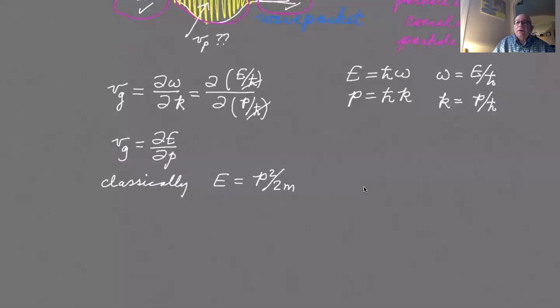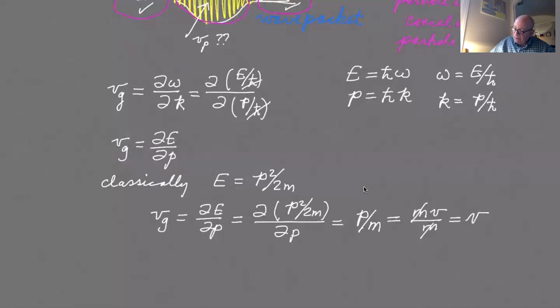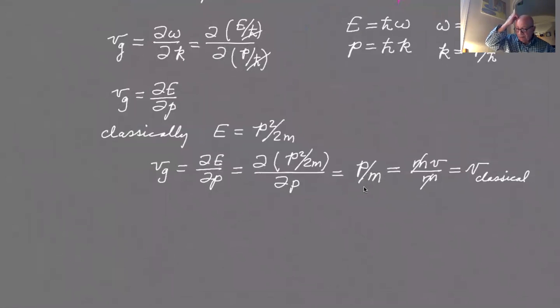From this, we can get that the group velocity is the change in E with respect to p, which is the change in p squared over 2m with respect to p, which is p over m. Classically, that's mv over m, which is equal to v. So this is v classical. Okay, beautiful.